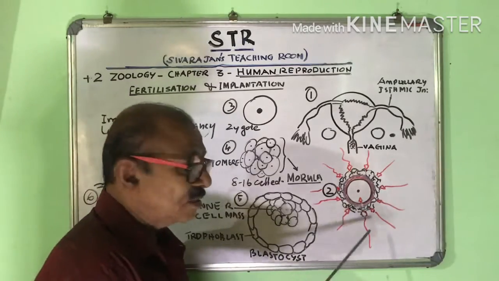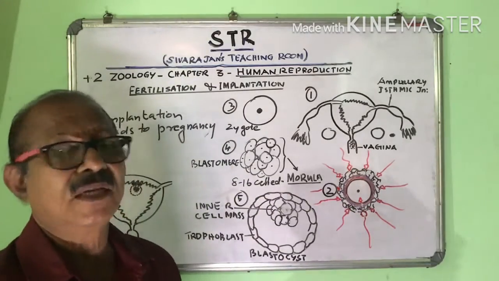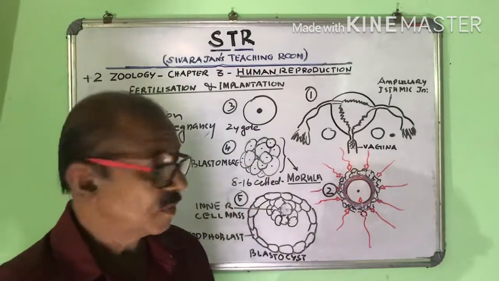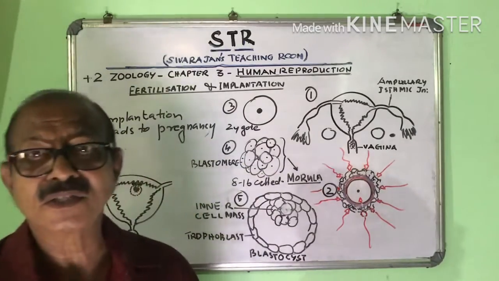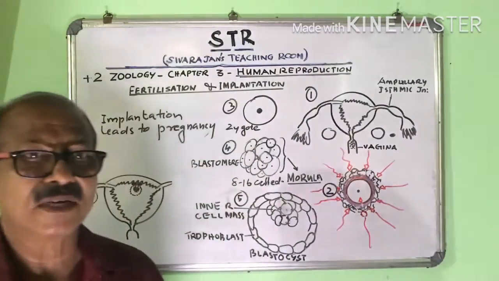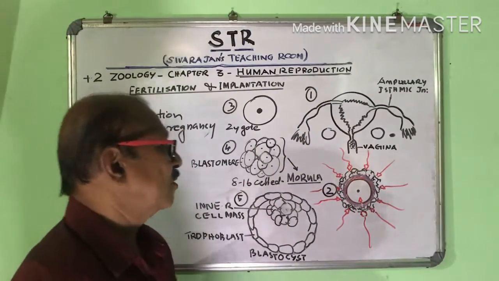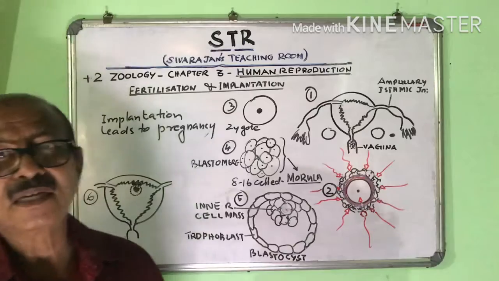Now, as soon as the sperm head enters into the ovum, the zona pellucida undergoes a chemical change, and it stops the entry of a second sperm.